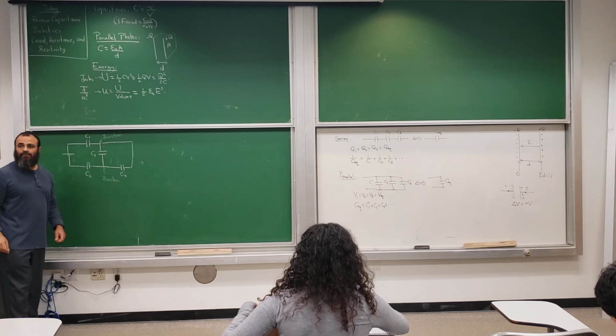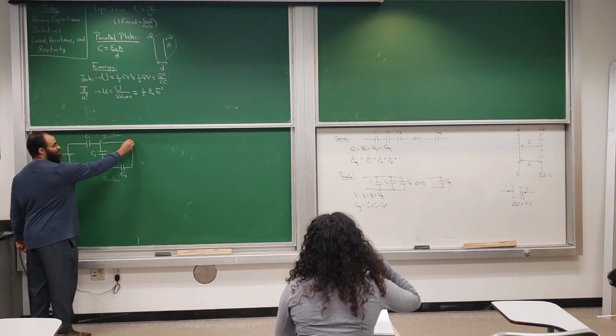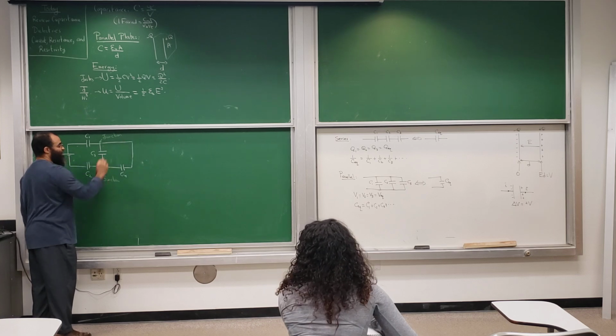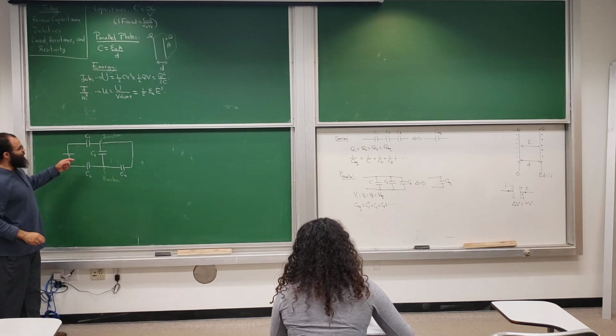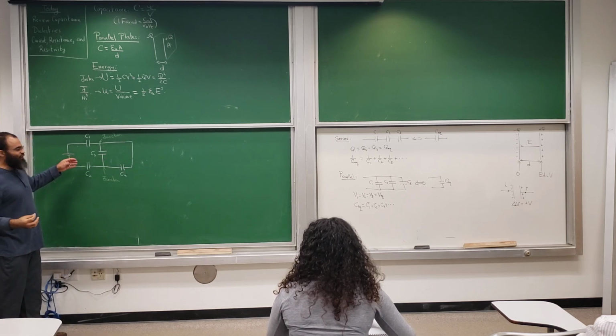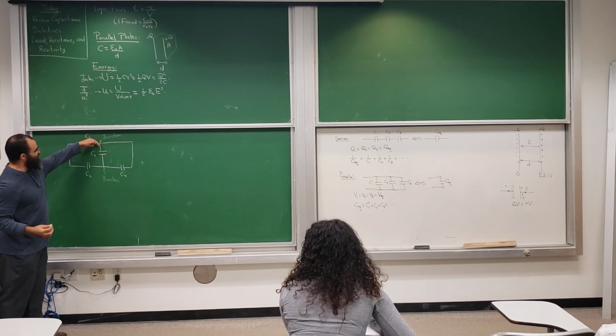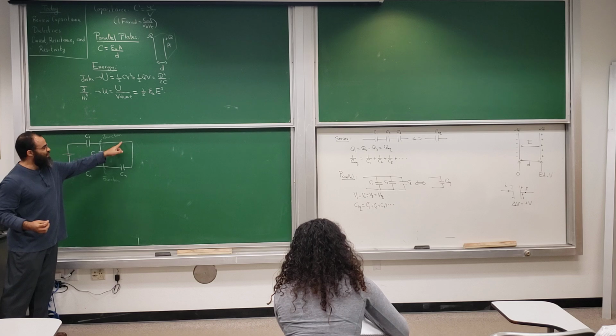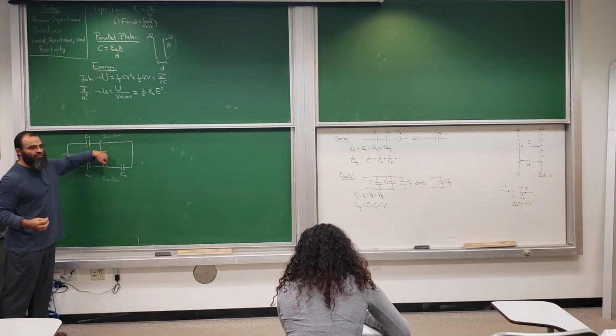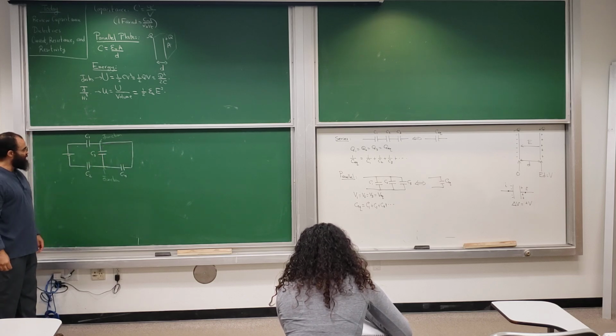Is this a junction? No. Think of pipes and water flowing. When water gets here, it has two paths. Some water goes this way, some goes this way. But here, it's just a corner. All of it goes this way.